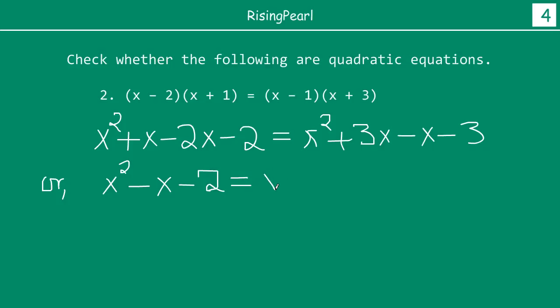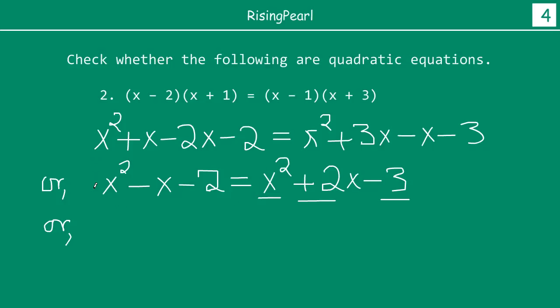Equal to, we have x squared plus 3 minus 1 is plus 2x, and then we have minus 3. Now we would want to bring each of these terms to the left hand side of the equality sign.